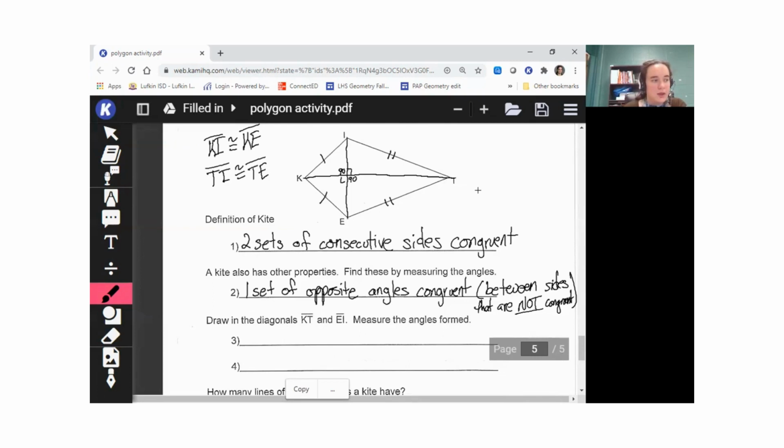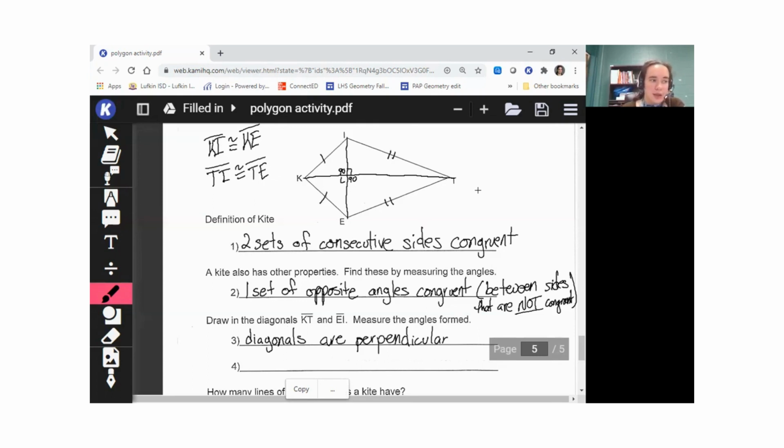So the diagonals are perpendicular to each other. So just like on a rhombus, the first thing you should do, put your right angles where the diagonals intersect each other.